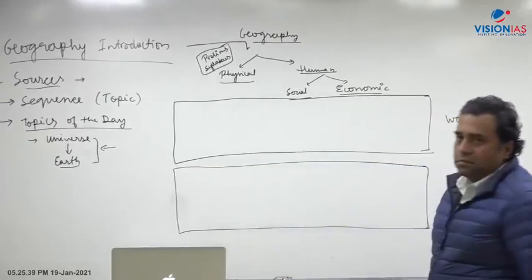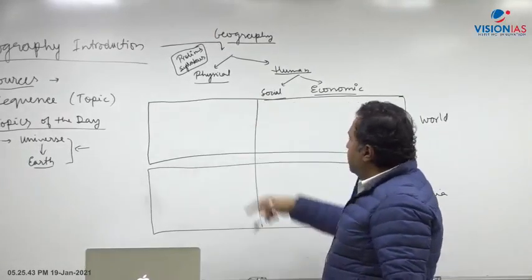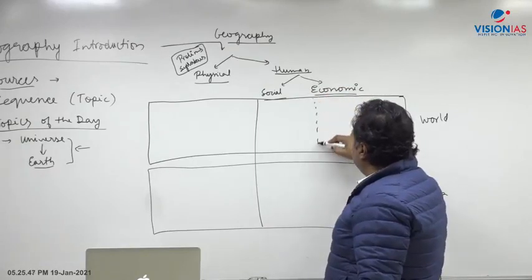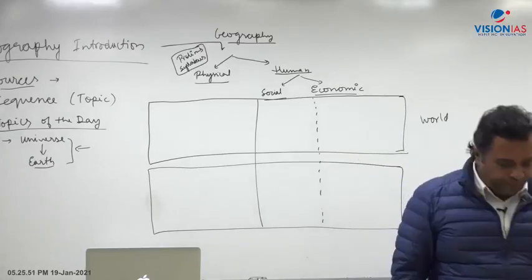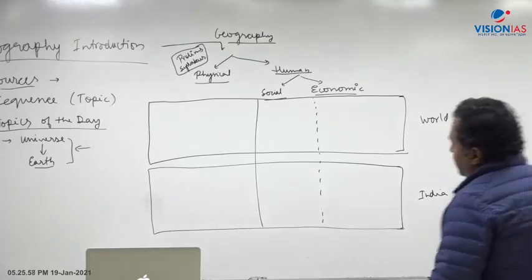Divided into one part physical and the other human, and the human is further divided into social and economic, just to understand and organize. So, what does it say? Salient features of world physical geography.